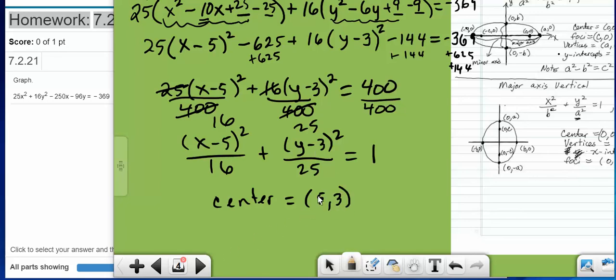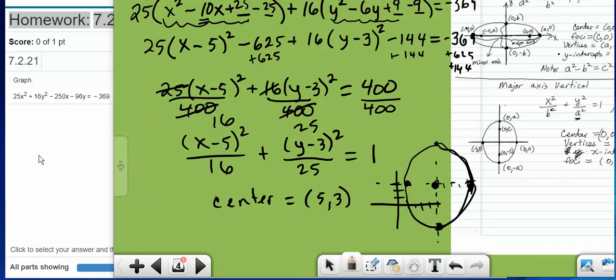So you're going to go to 5, 3, and if we think of our transformations, we can pretend that's 0, 0 now. Under the x, we're going to go plus 4, 1, 2, 3, 4, minus 4, and under the y, the square root of 25 is 5, so we go up 5, down 5, and then make our ellipse.